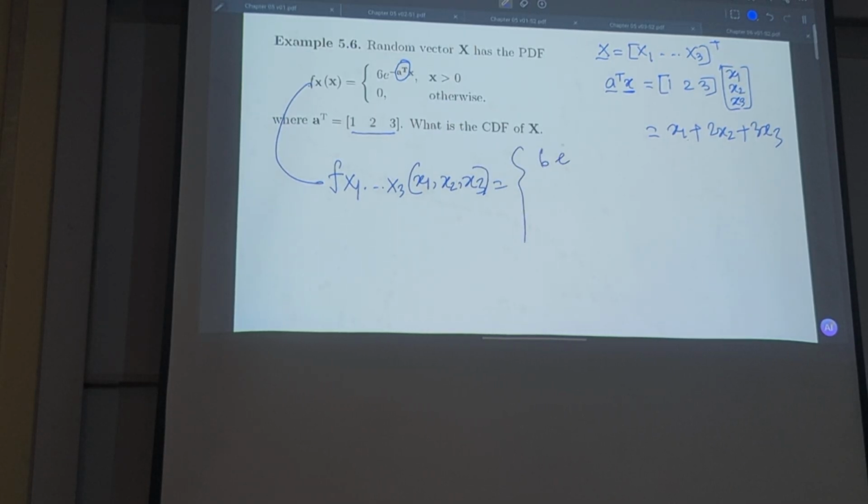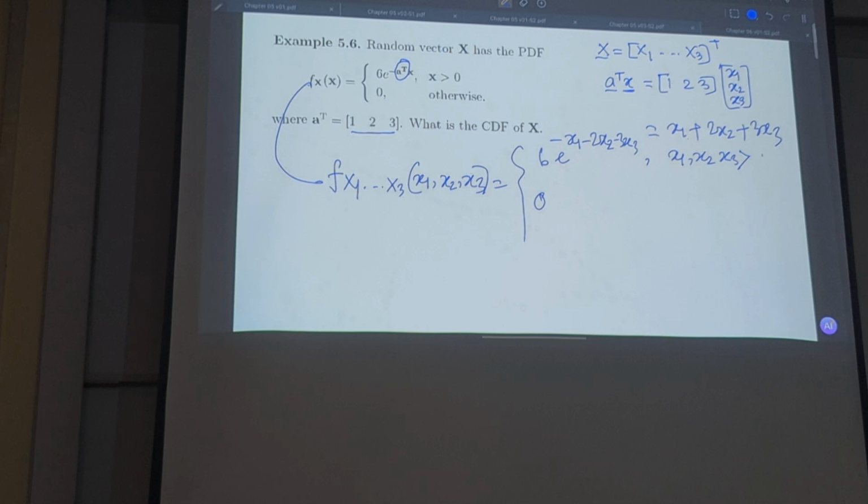Six into the power, any volunteer? For x1, x2, x3 greater than 0, and zero otherwise. Am I right? Then what is the CDF?